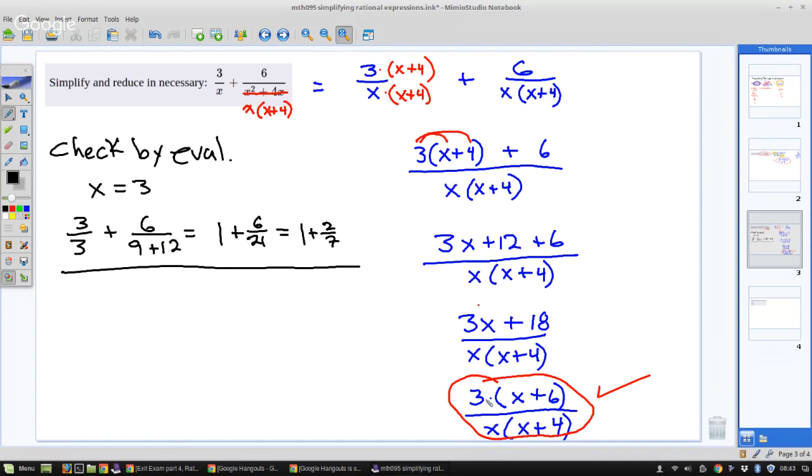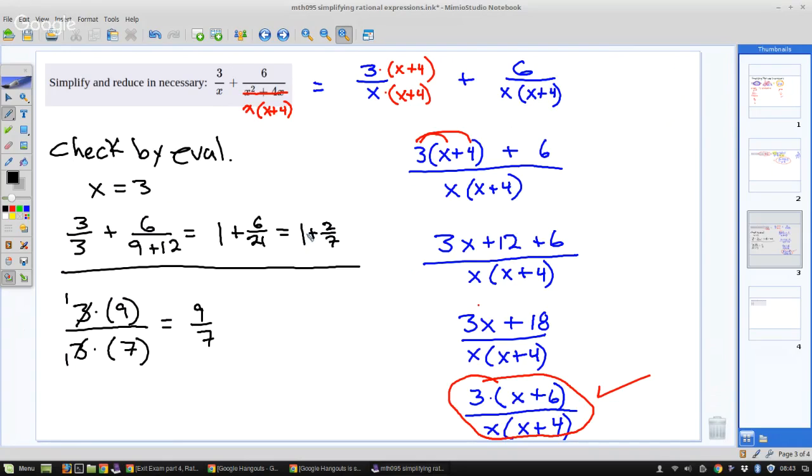Check this one over here, and we get 3 times 3 plus 6 is 9. Over in the bottom, we'll get 3 times 3 plus 4 is 7. The 3's divide out because I have a number divided by itself, which leaves 9/7. So the question is, is 9/7 the same as 1 2/7?